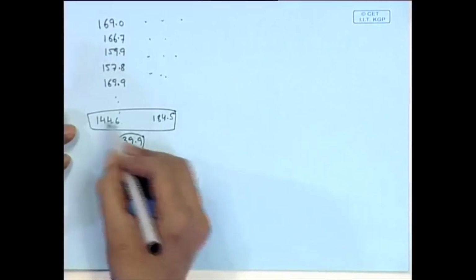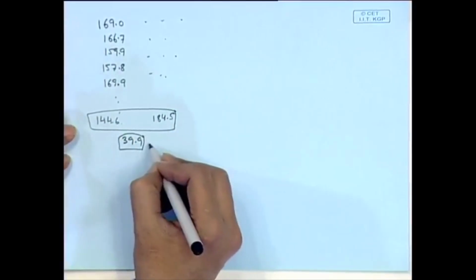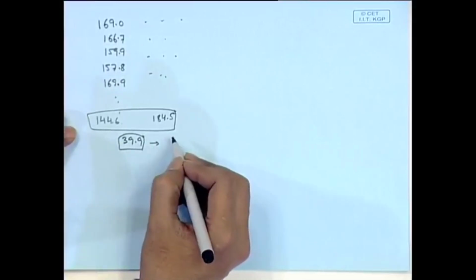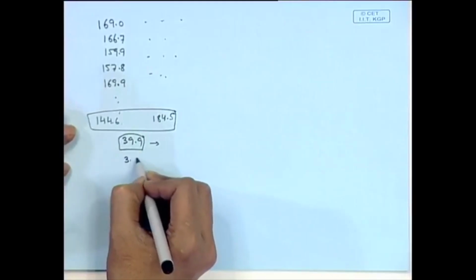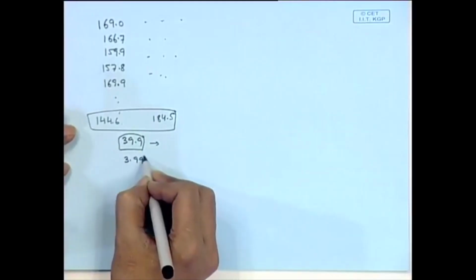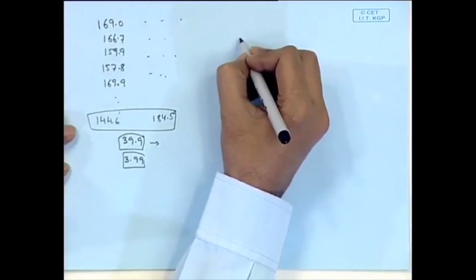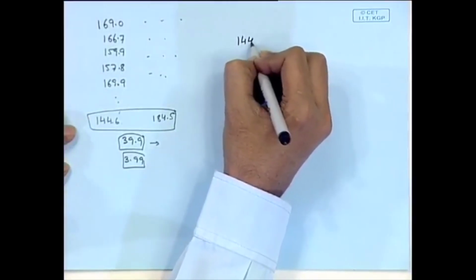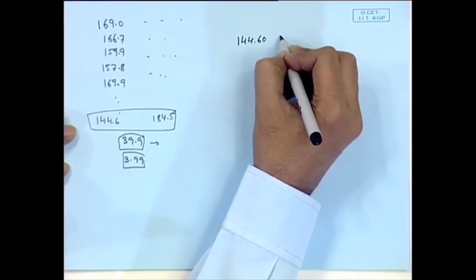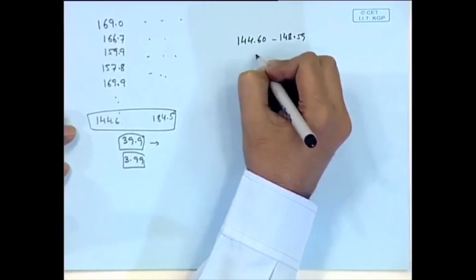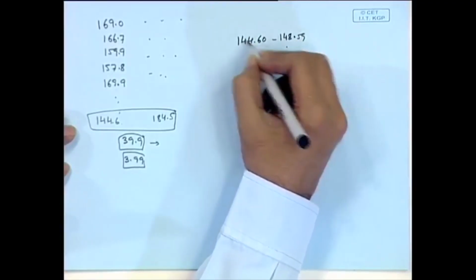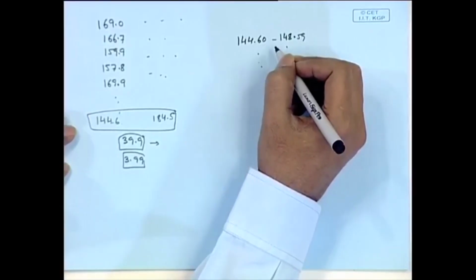However, if we are very strict, we can look at only this difference and divide it into, say, 6 classes or 5 classes. Now, if I divide it into, say, 10 classes, then each class will be of the length 3.99 centimeter. That means, my class intervals will be like 144.60 to 148.59 and so on. Now, this looks slightly inconvenient from a mathematical point of view.